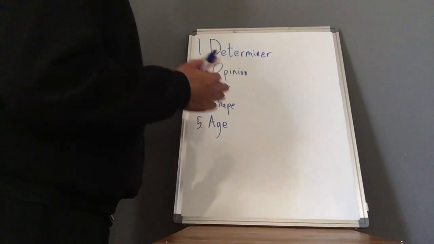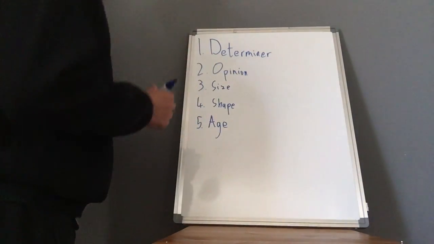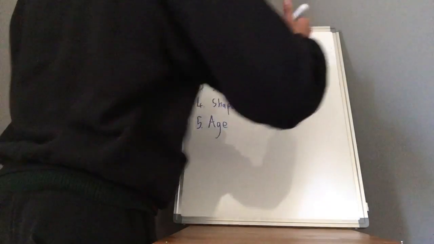Okay. So, for example, you could describe something as the useless, small, square, old chair.